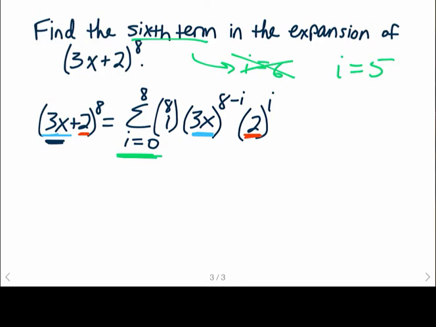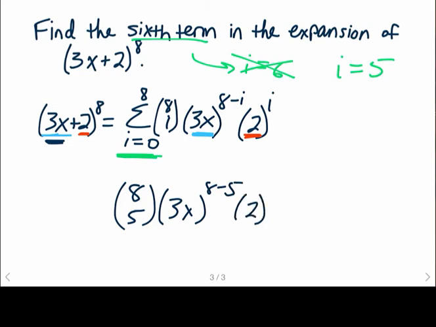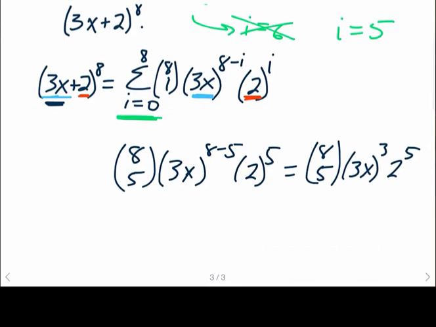And so what we're looking for is 8 choose 5 times (3x) to the 8 minus 5 times 2 to the 5th power, which is, of course, 8 choose 5 times the quantity (3x) cubed times 2 to the 5th power. And so we need 8 choose 5 from the calculator, we need 3 cubed, because that's what's going on with that exponent, and then we need 2 to the 5th power.